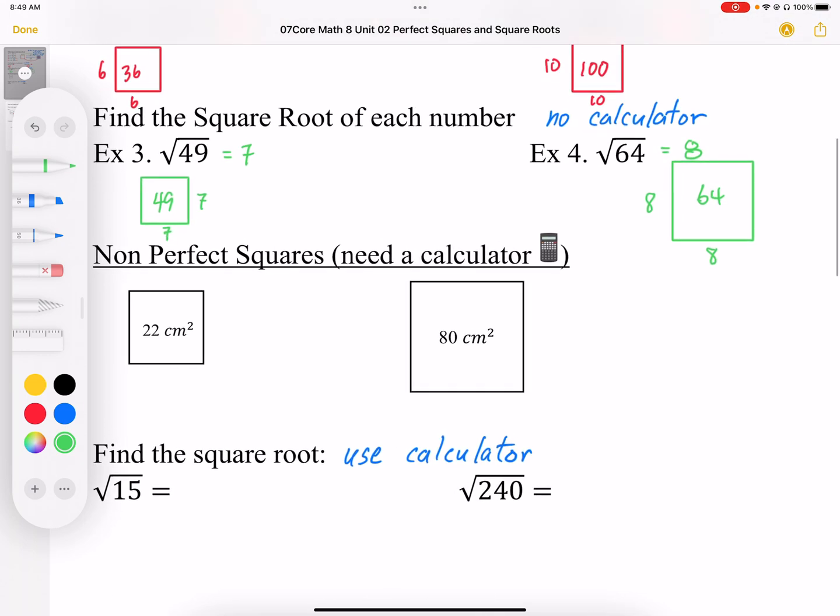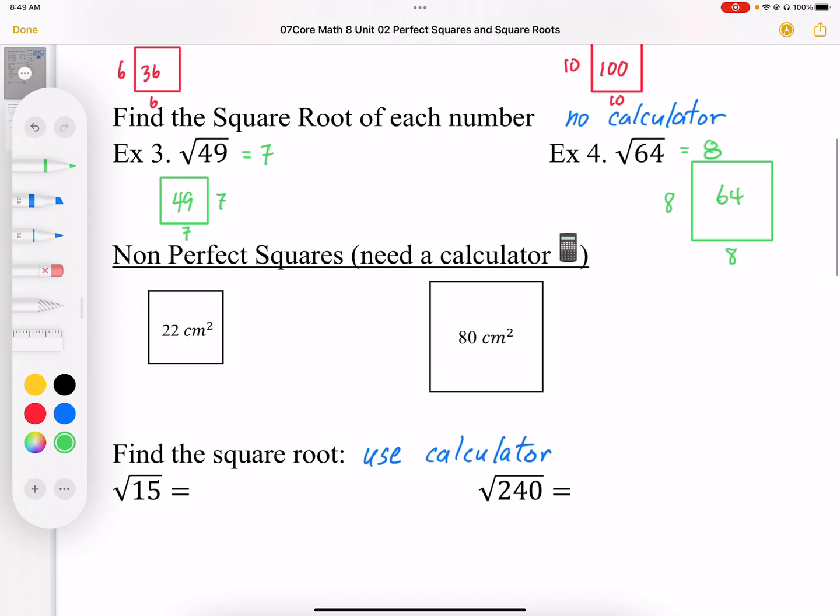For the non-perfect squares, we need a calculator. So the square root of 22 is going to give us the side length of that 22 square. We can't fit 22 squares nicely in a grid in this square here, but we can make a square that has a side length of 4.69.